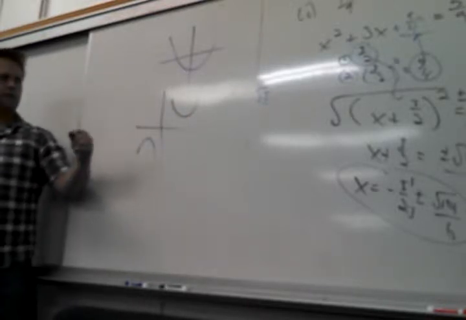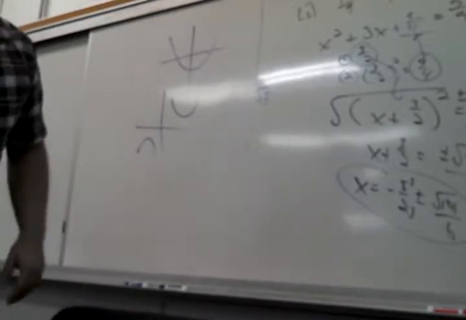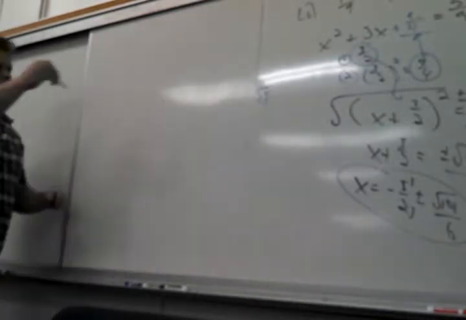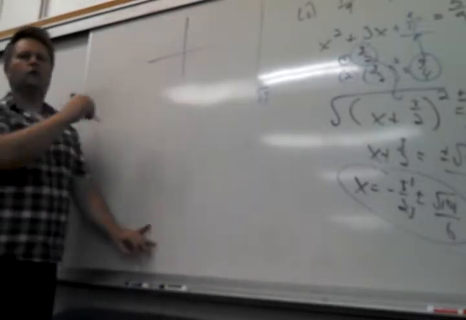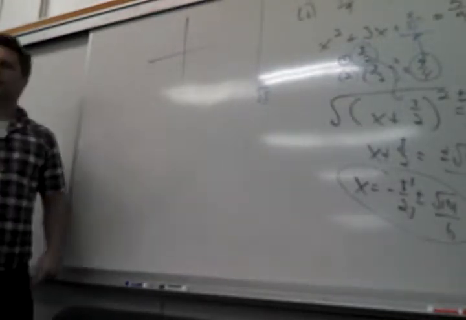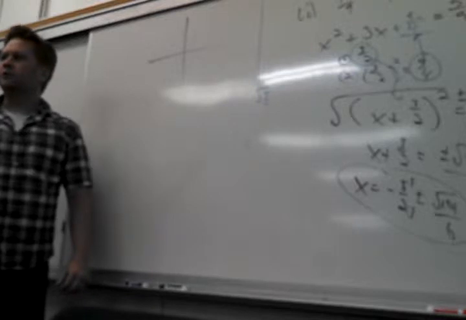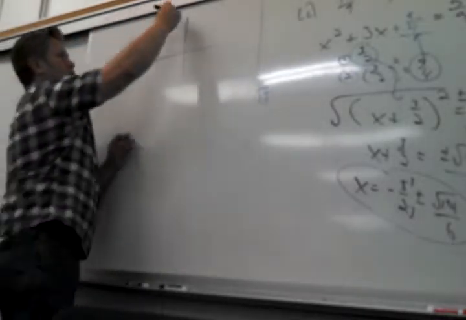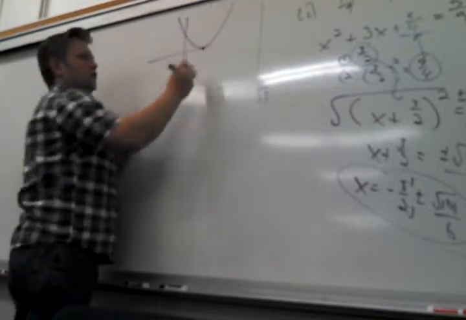Okay. And then the one situation we haven't really seen yet is I can get one exact answer. What would have to happen if I want to get one answer? Let me say it a different way. I get one answer repeated, really. The parabola would have to touch the x-axis. To get one answer, it has to touch once. So it has to actually sit on the x-axis.